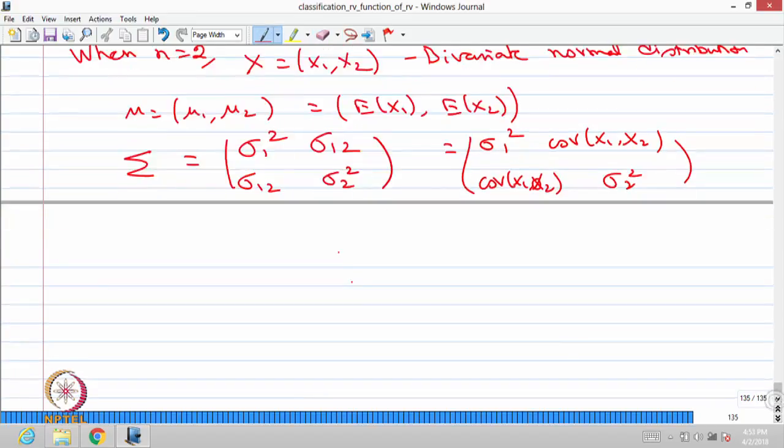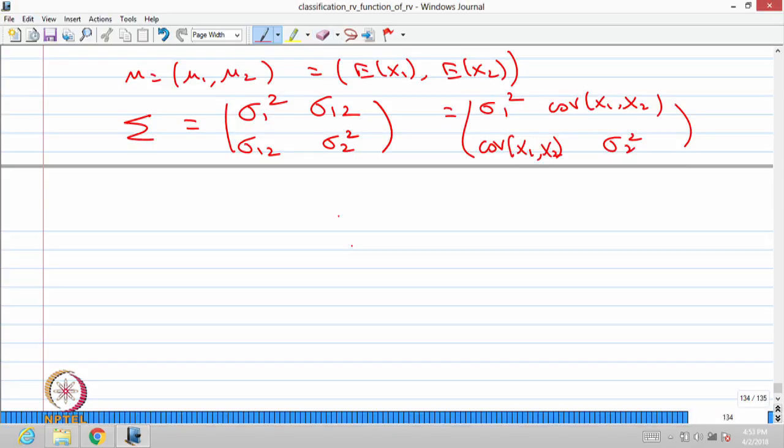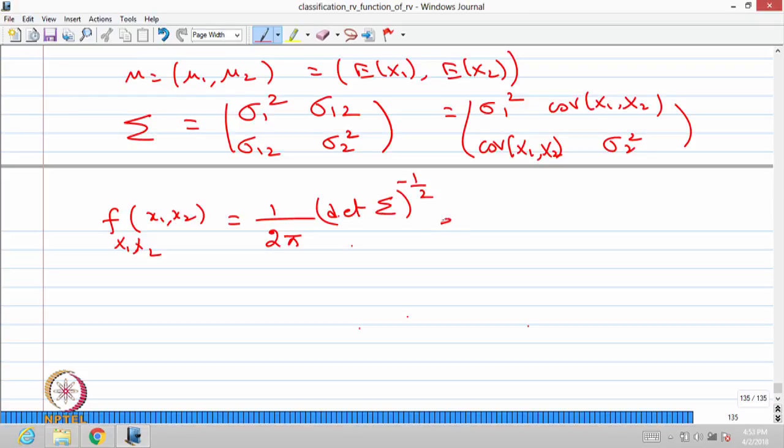Now the joint probability density function will be much simplified. That is f of x1 comma x2, whose elements are x1 x2, is 1 divided by (2 pi) power n by 2, where n is 2 here, and determinant of the sigma matrix raised to the power minus 1 by 2, multiplied by exponential of minus 1 by 2 (x minus mu) sigma inverse (x minus mu) transpose.